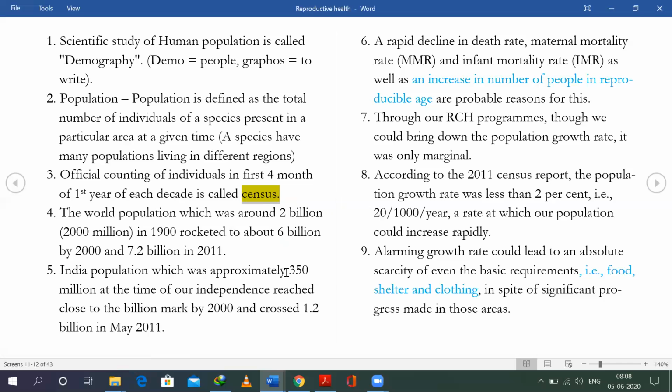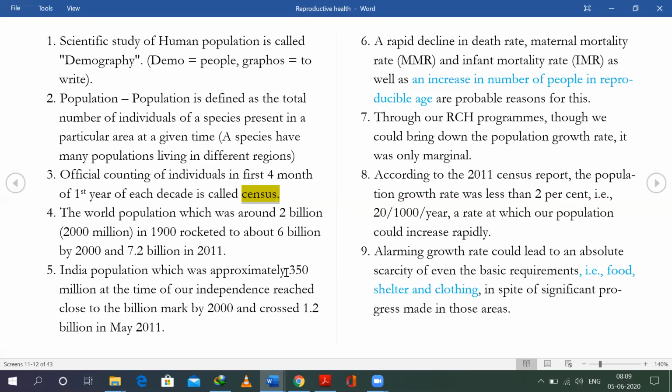That means every 10 years the population count is taken to understand various metrics of the population: the literacy rate, infant mortality rate, maternal mortality rate, and development indexes. All that will be studied every decade, and it will be completed within 4 months of that particular decade.